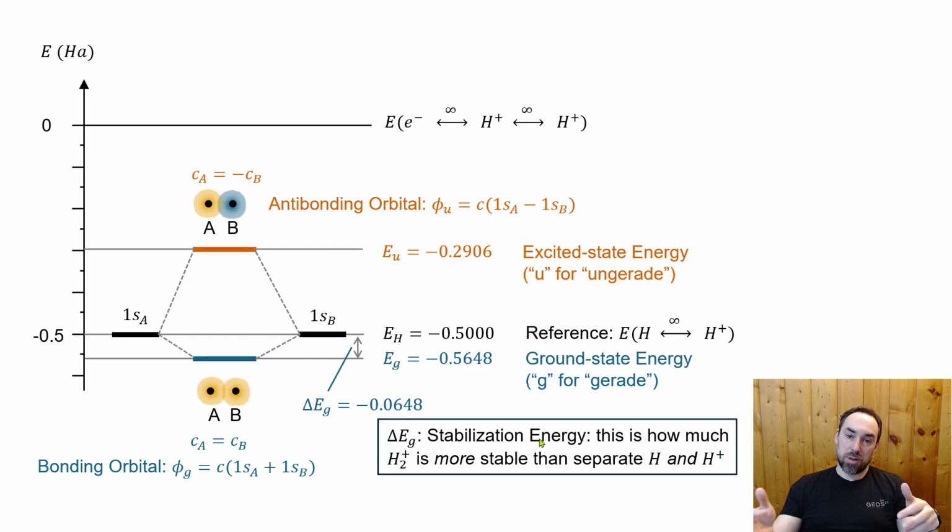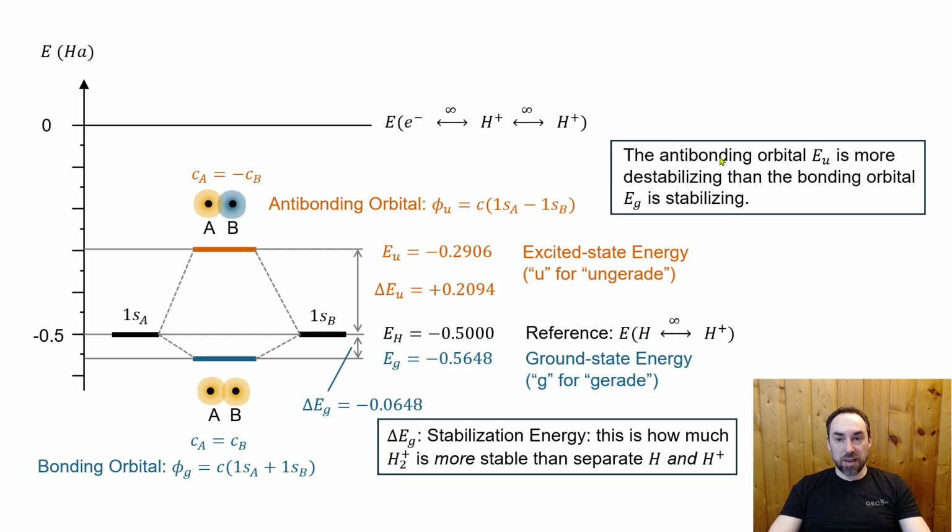This is how much more stable the H2 plus system is when we compare it to the separate system, H and H plus. And conversely, this delta EU tells us how much less stable the anti-bonding level, the excited state energy, is with respect to the reference state.